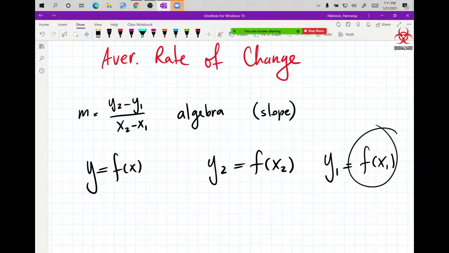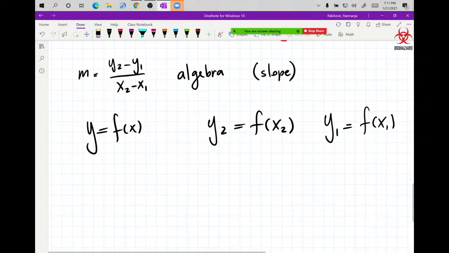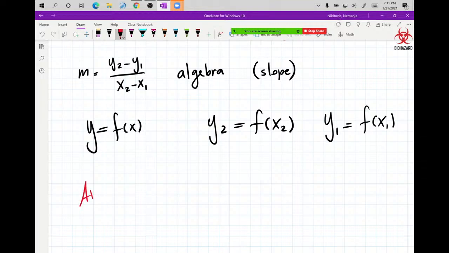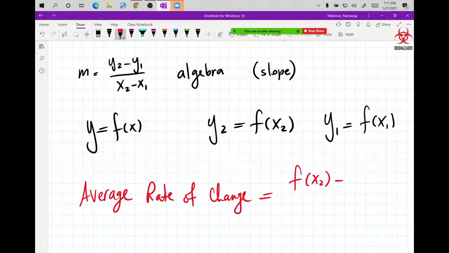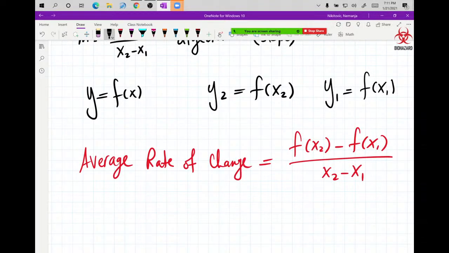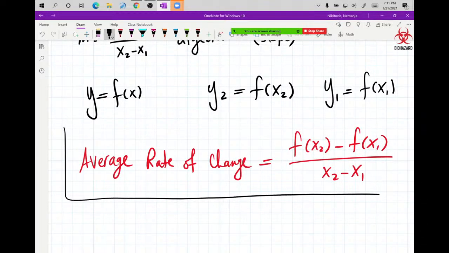And we get what we call the average rate of change formula, which is f of x2 minus f of x1 divided by x2 minus x1. So this is your formula now.